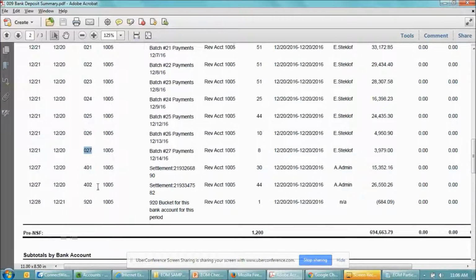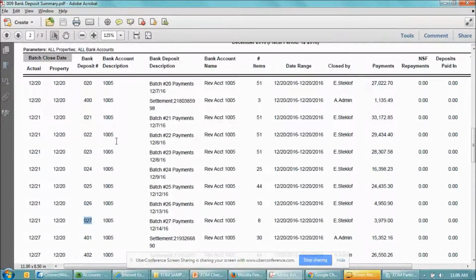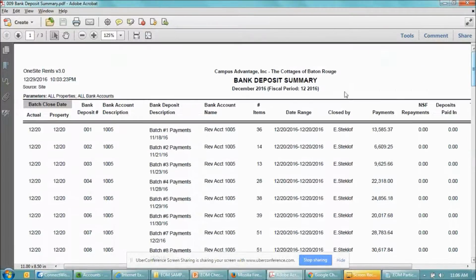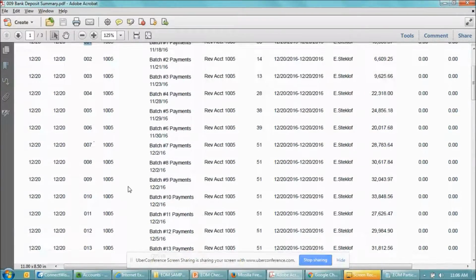So how do you know the difference between manual and the settled through the check scanner or through the resident portal? One of the easiest ways is by the bank deposit number, and the manual ones start with a 1001.